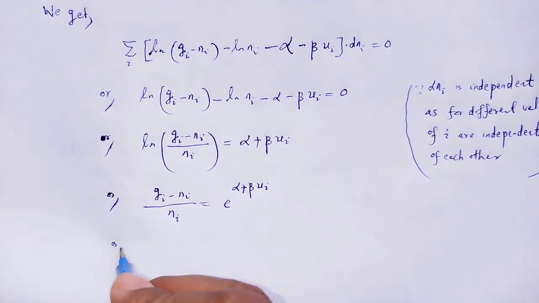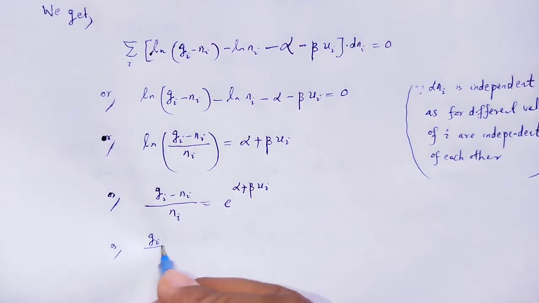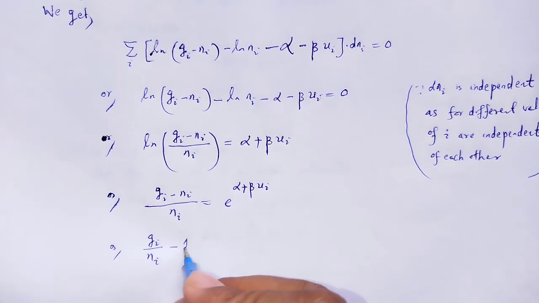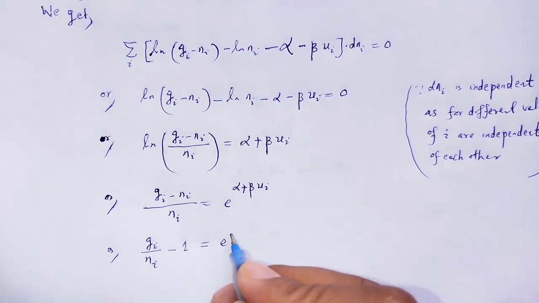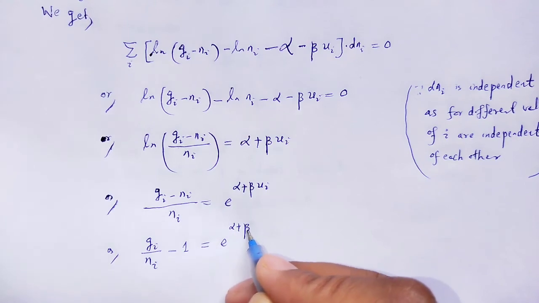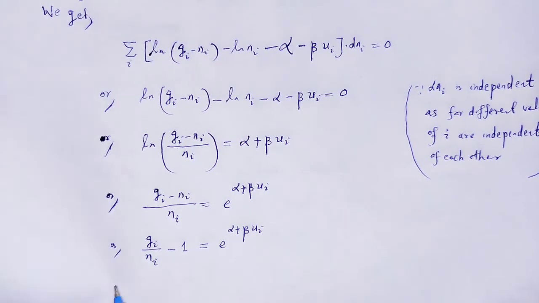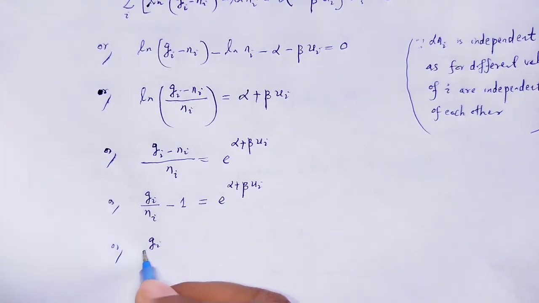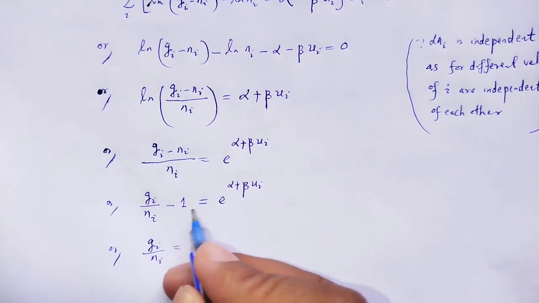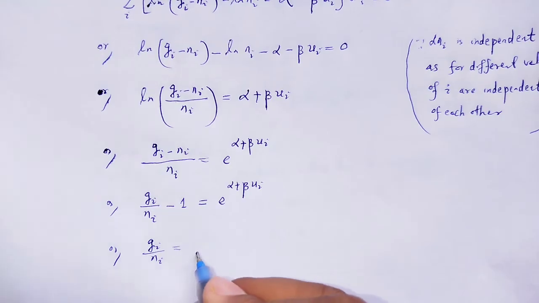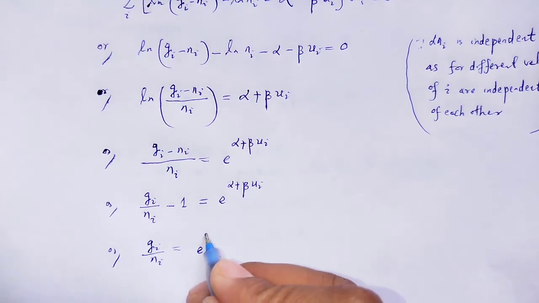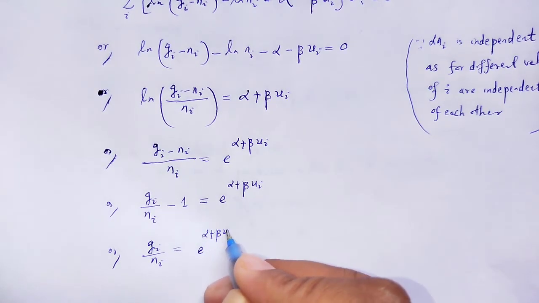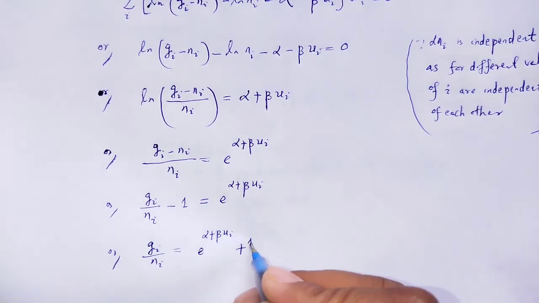Now Gi divided by Ni minus 1 is equal to e to the power (alpha plus beta Ui), or Gi divided by Ni is equal to e to the power (alpha plus beta Ui) plus 1.